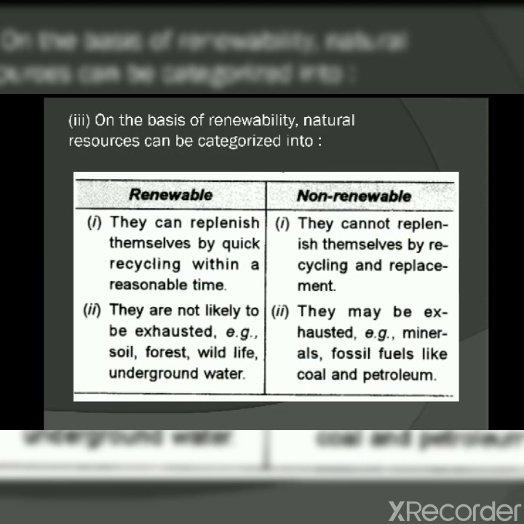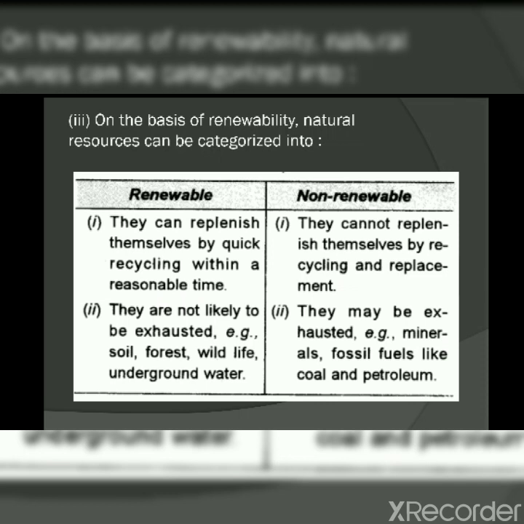Renewable resources are not likely to be exhausted. That means these resources will not get finished or used up totally. For example, soil, forest, wildlife, underground water. That means they cannot finish. Non-renewable resources may be exhausted. Example, minerals, fossil fuels like coal and petroleum.